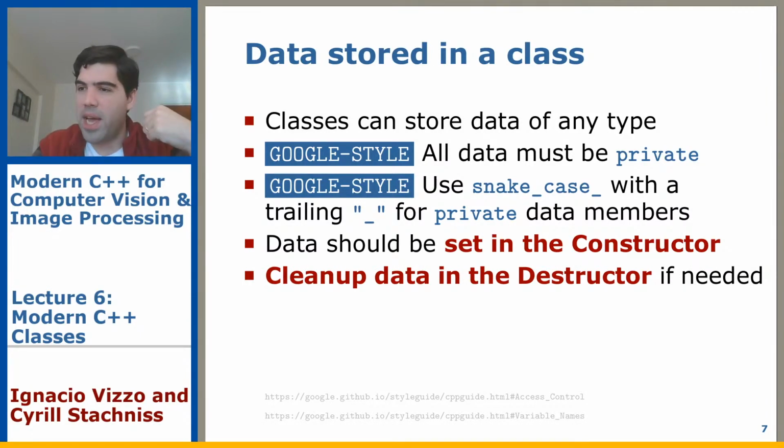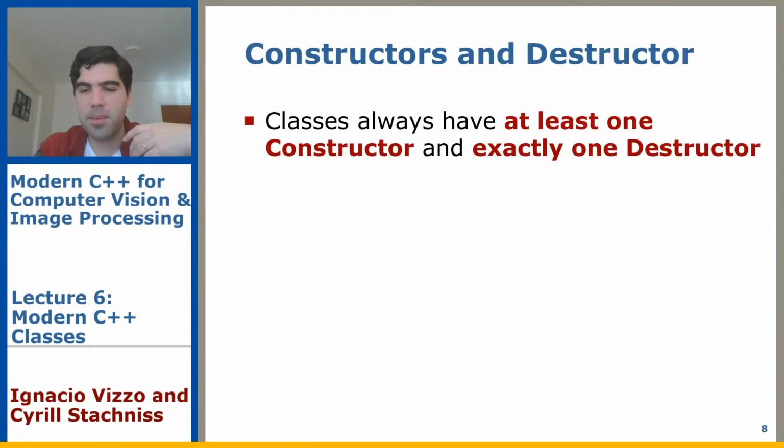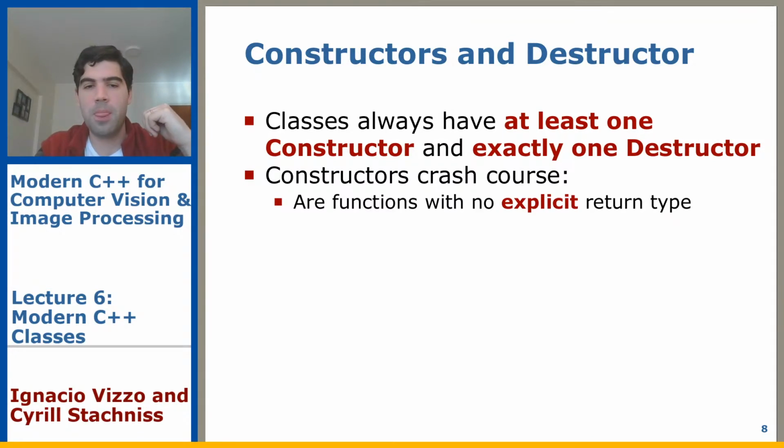This means whenever I construct an instance of the class, I need to populate all the data members inside the constructor and clean up in the destructor. So classes will always have at least one constructor and exactly one destructor. You cannot have multiple destructors.